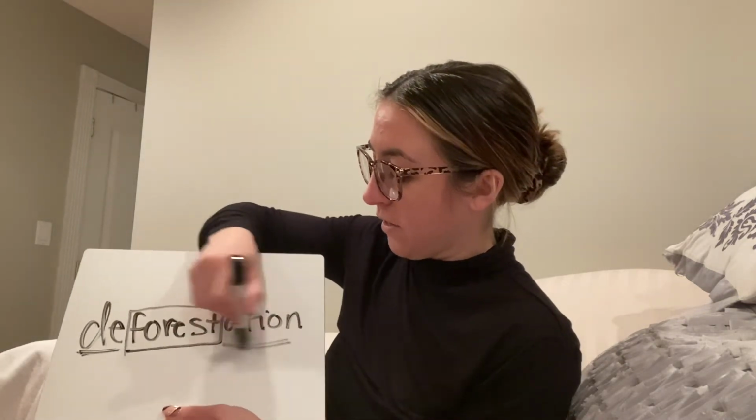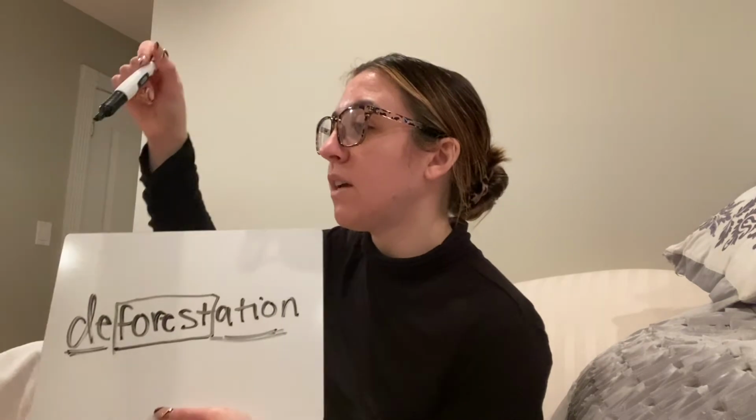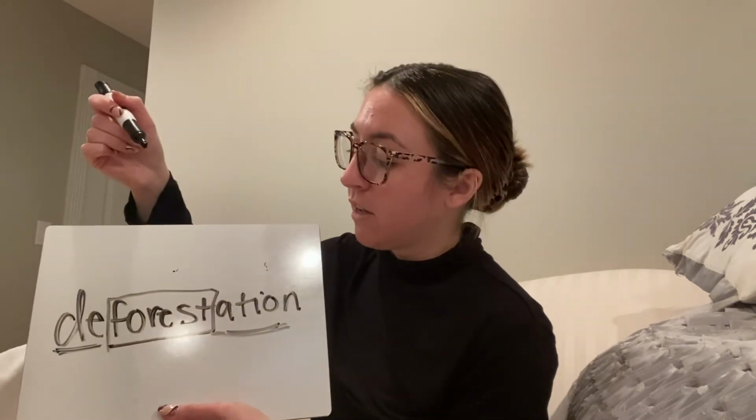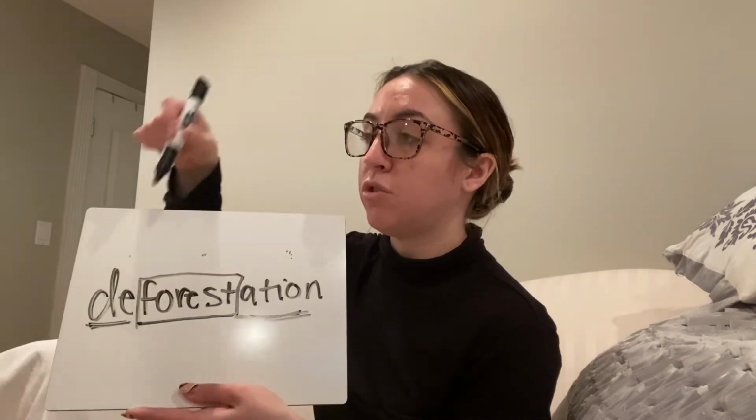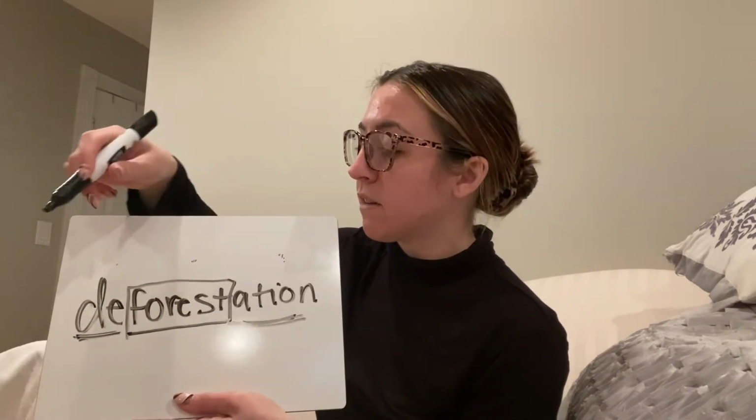Okay, so if our prefix is takeaway and our forest is the base word, and then our last one, the suffix, is ation, and that's action, and we put all of those together, takeaway, forest, action. So the action is what it's doing. So what it's doing is taking away the forest, right? And that's what deforestation means. It's the takeaway of the forests.